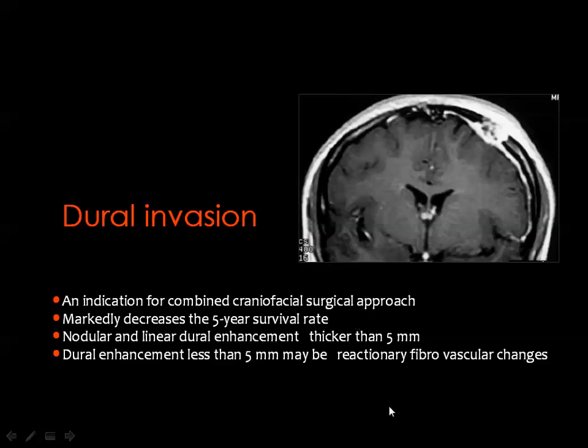The main diagnostic sign of dural invasion is the presence of nodular or linear dural thickening, which is thicker than 5 millimeters. You can see here a calvarial lesion which has invaded the dura, diagnosed by considerable thickening of the dura and enhancement.